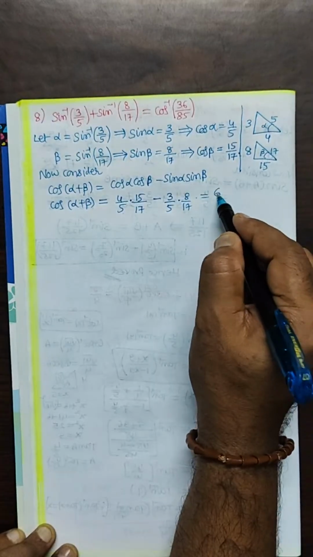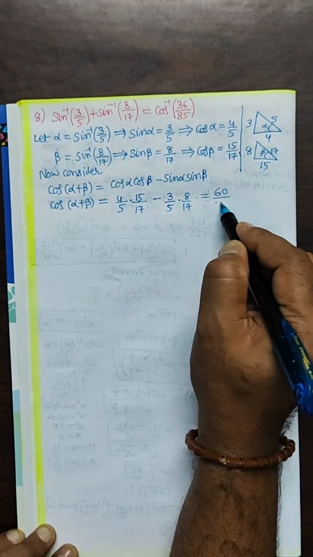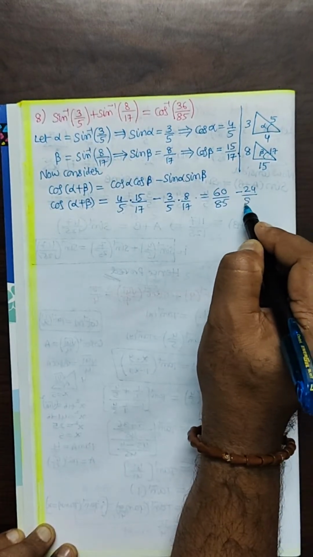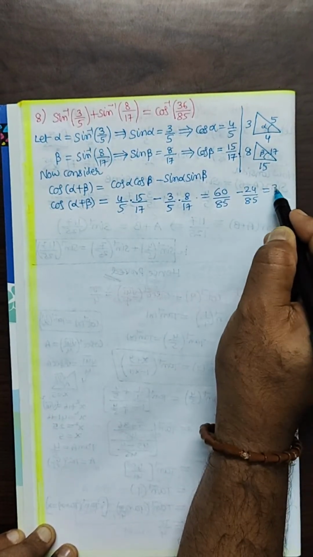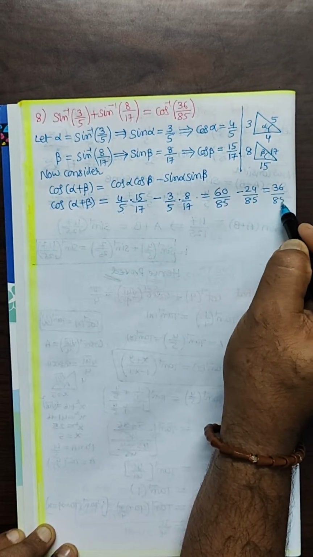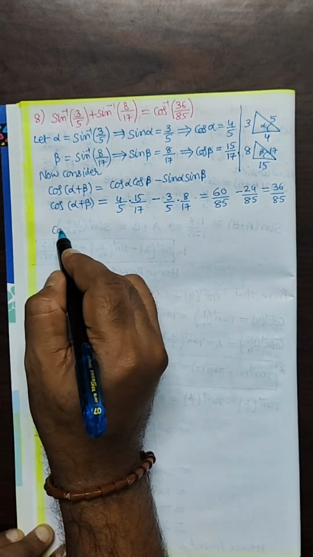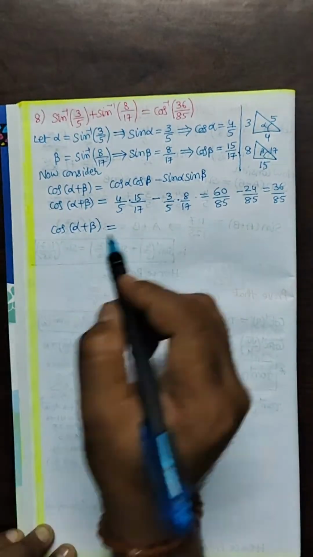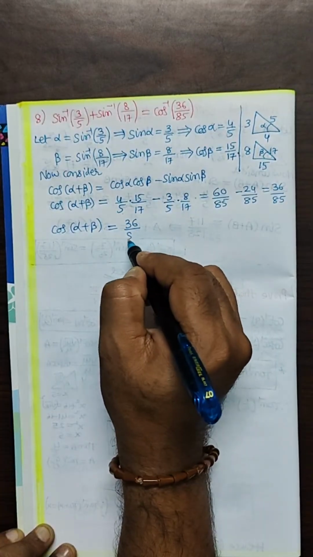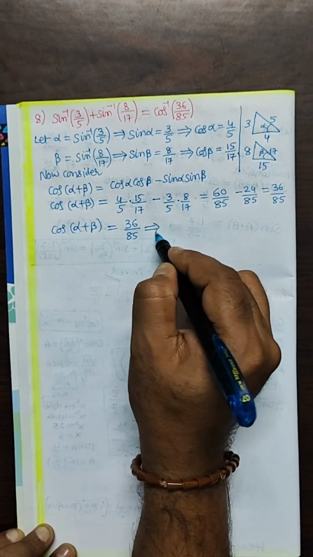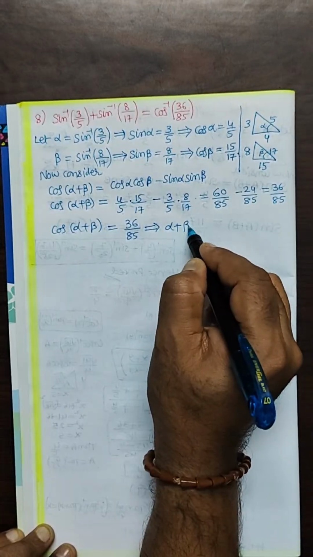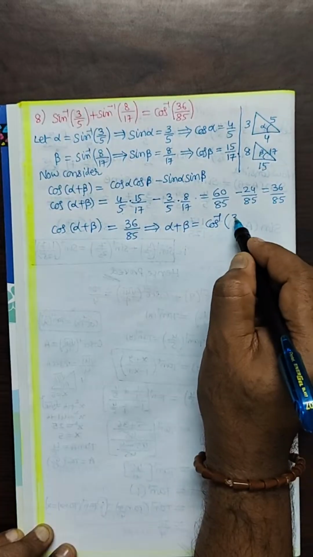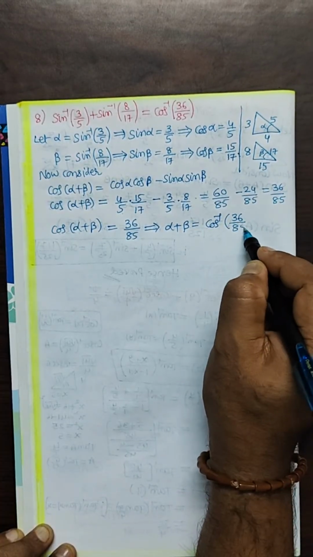Which is equal to 60 divided by 85 minus 24 divided by 85, which is equal to 36 divided by 85. So cos of alpha plus beta is equal to 36 by 85. That implies alpha plus beta is equal to cos inverse of 36 by 85.